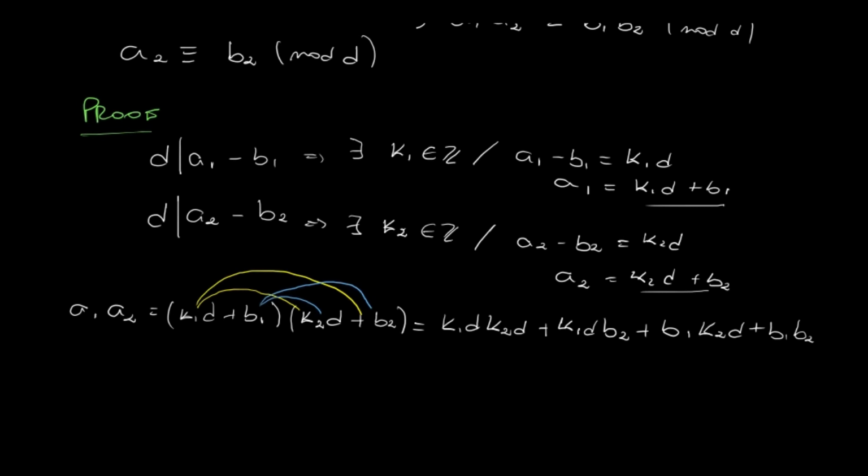And what we can see here is that these terms all have the letter D. So let's take D as a common factor. For those three terms, D will be multiplying k1 k2 D from this one, plus k1 B2, plus B1 k2.